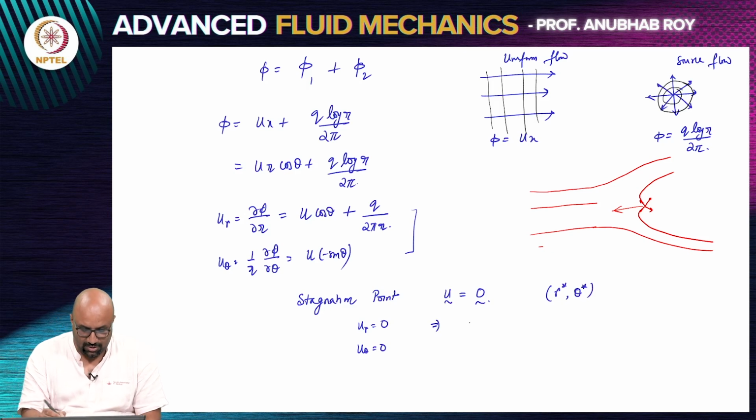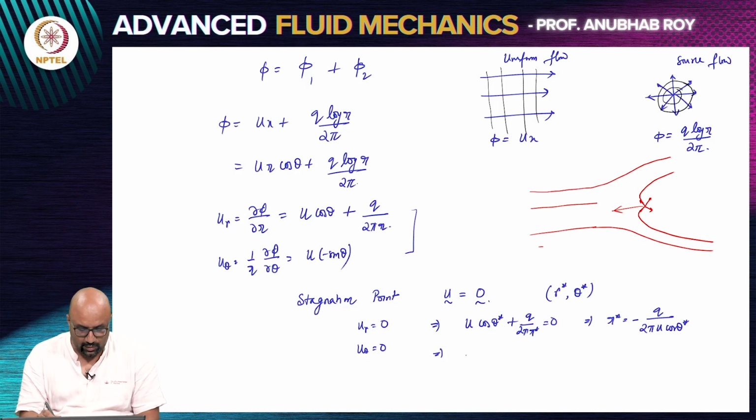At the stagnation point, I have u cos theta star plus q by 2 pi r star equal to 0, which means r star is minus q by 2 pi u cos theta star.